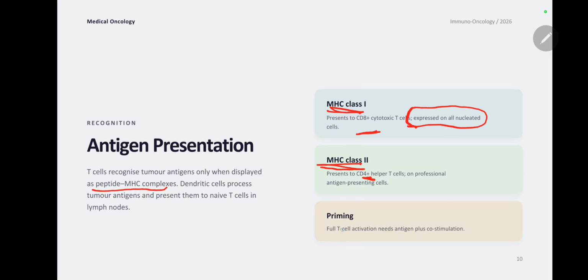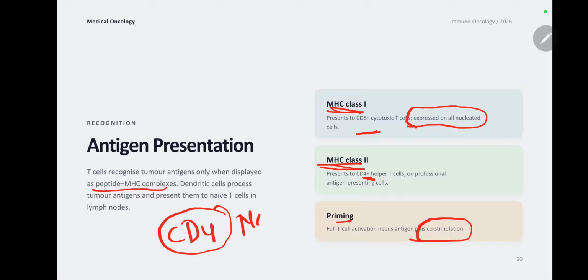And the third important mechanism is priming, which is also known as co-stimulation. When the CD4 cell is in the lymph node, the dendritic cell presents antigen to this CD4 cell, and it is activated.